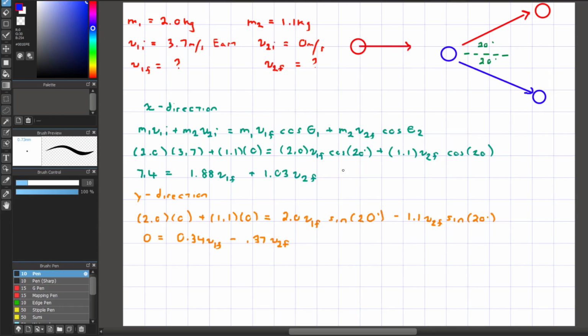So now we are in a situation where you have two equations, one for the x direction and one for the y direction, but they both have the same two unknown variables, V1F and V2F. We're going to have to use the substitution method because this is a system of equations that we're looking at.